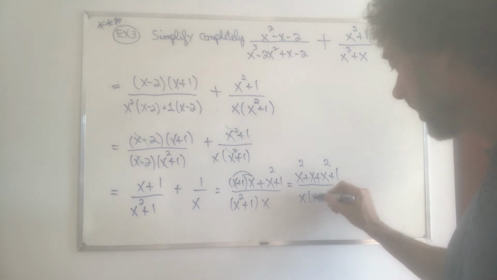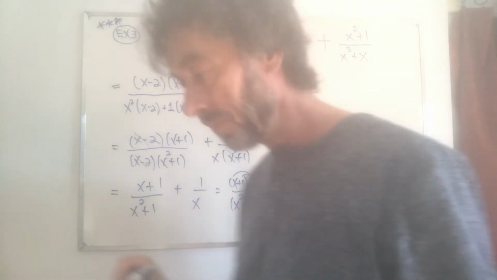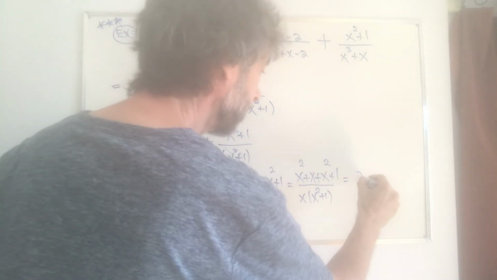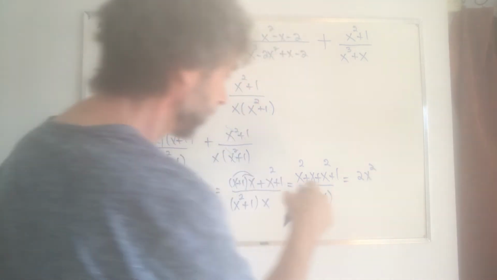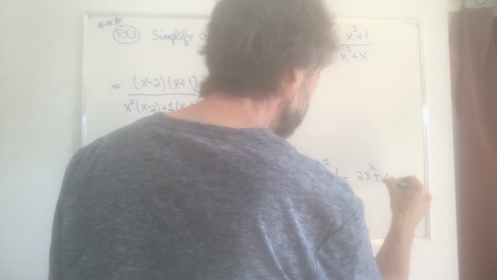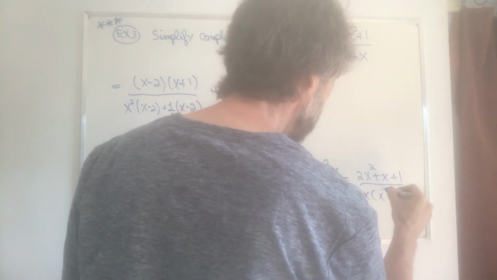I can just leave it like that. Nothing for me here to collect. So what's my final answer? Collecting like terms in here gives me 2x squared, right? X squared plus x squared is 2x squared plus x plus 1 all over x times x squared plus 1.